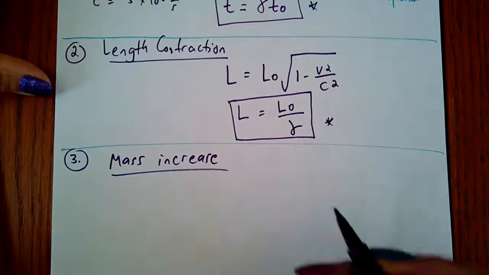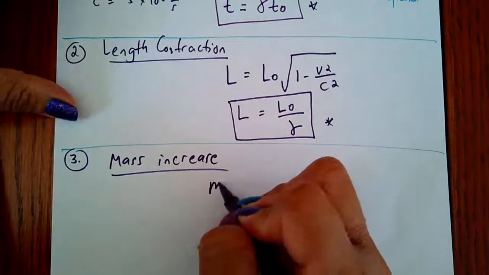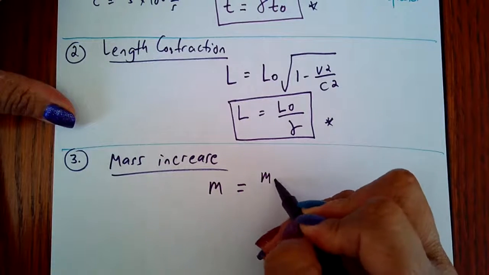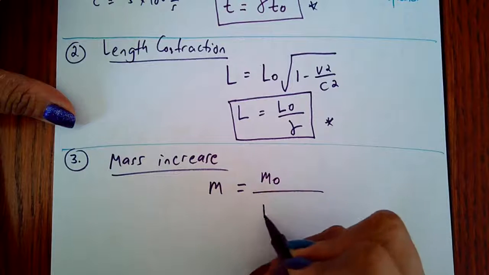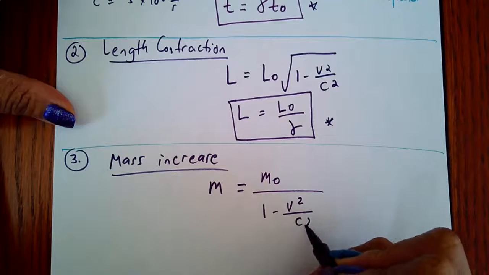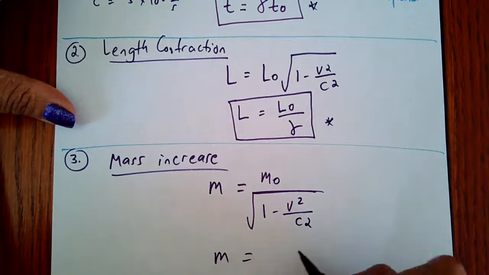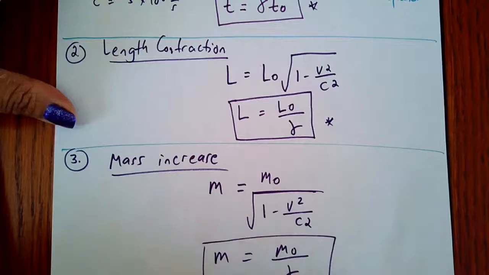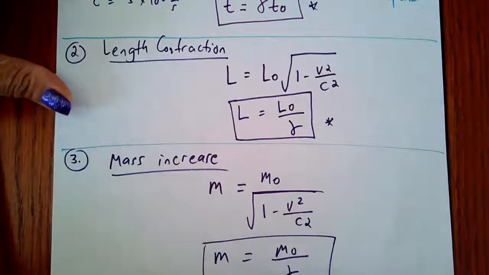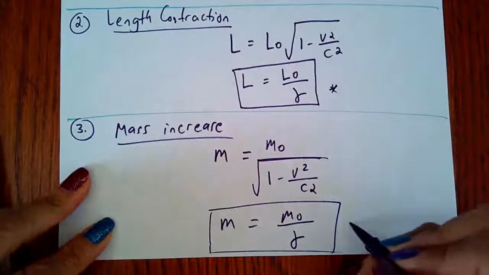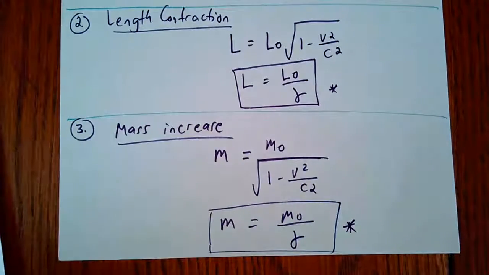What happens with mass increase can be calculated with this formula: M is equal to the rest mass divided by the square root of 1 minus v squared over c squared, or M is equal to gamma times M naught. So we can use these formulas to look at the time dilation, length contraction, and mass increase.